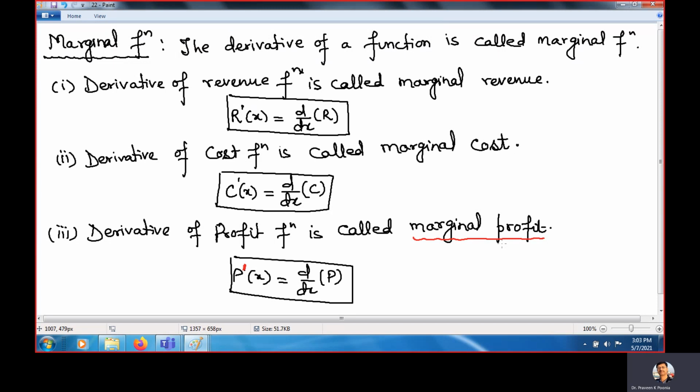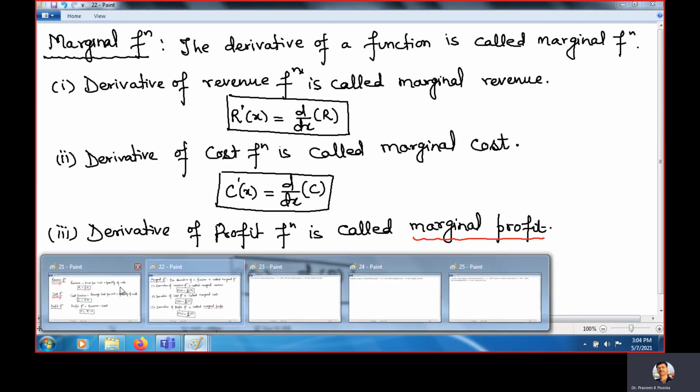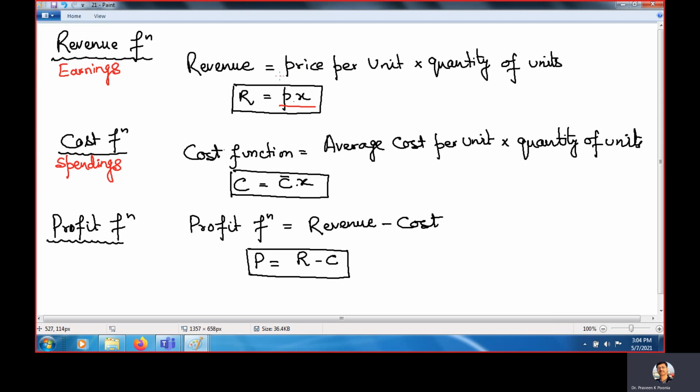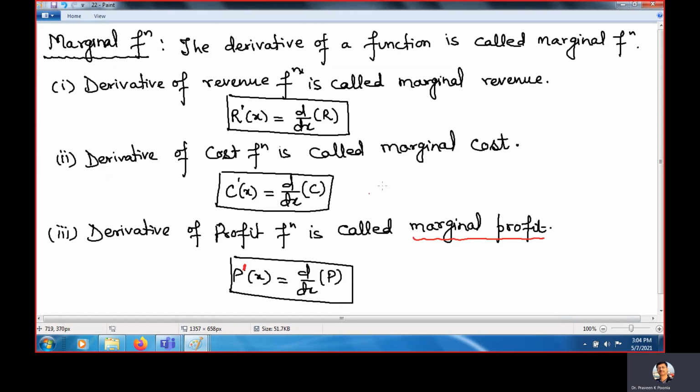Clear? So there are two important things you need to remember. First, if price per unit is given, then you need to multiply by x to make it the revenue function. But if the revenue function is given, no need to multiply by x. Second, if you are taking the derivative, then they become marginal: marginal revenue, marginal cost, and marginal profit.